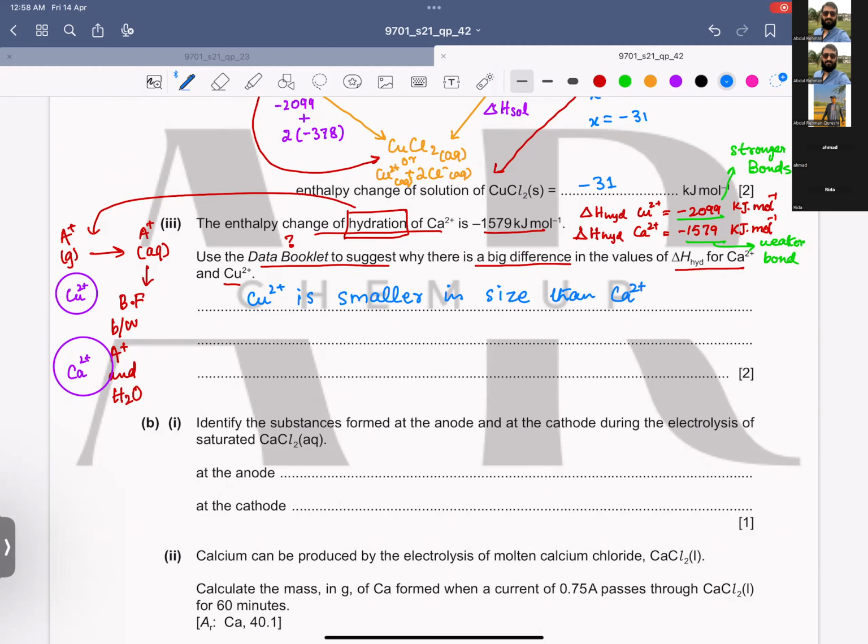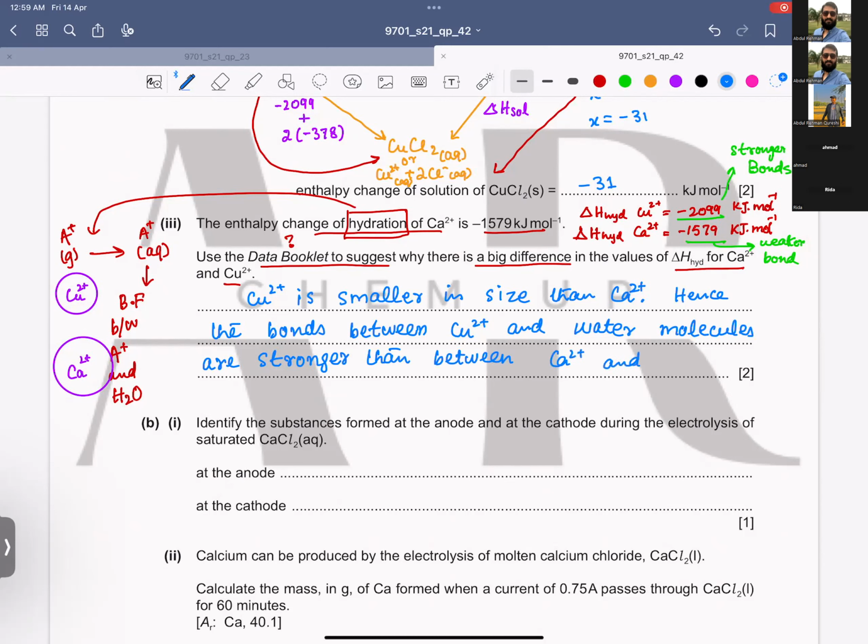Hence, the bonds between copper 2 positive and water molecules are stronger than between calcium 2 positive ion and water molecules.